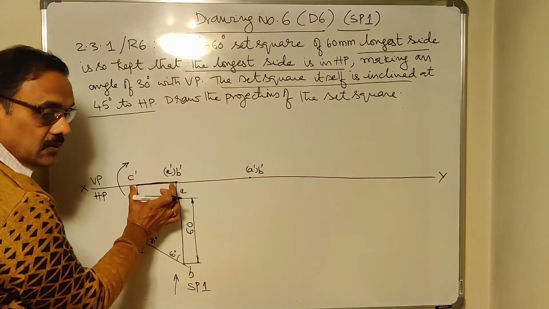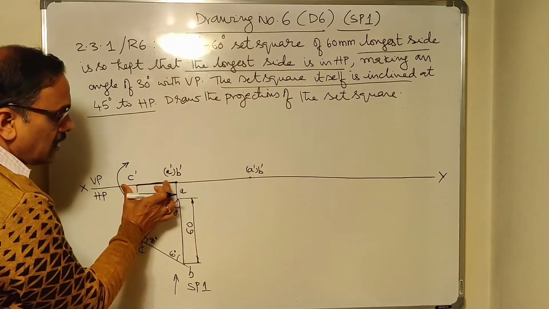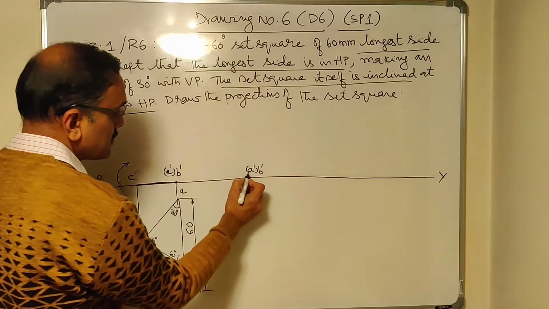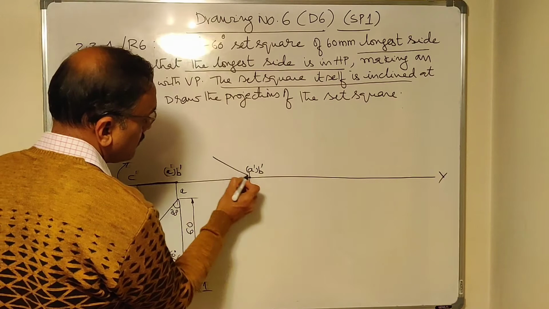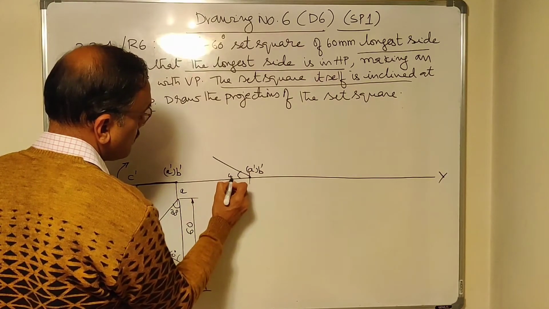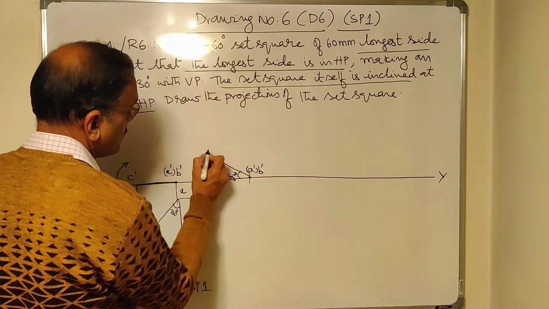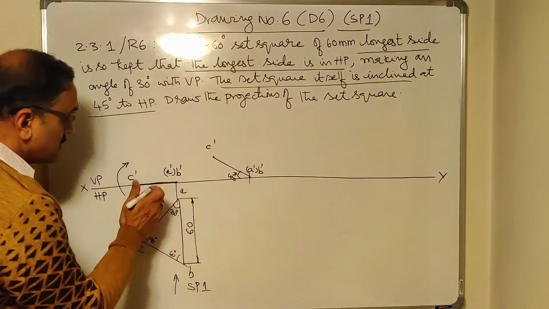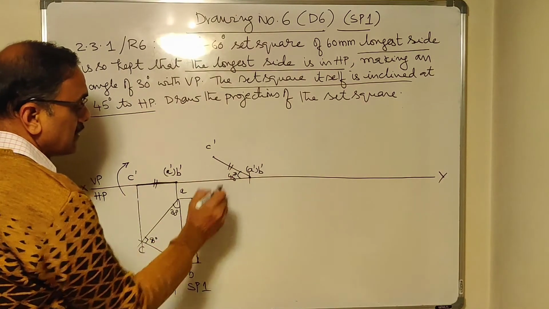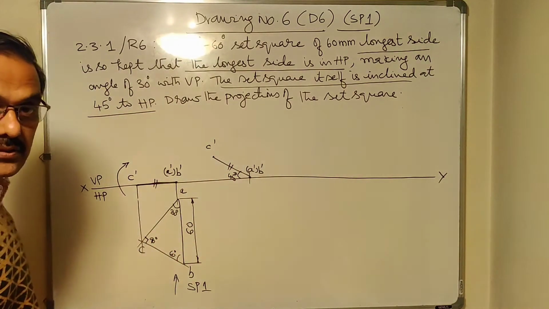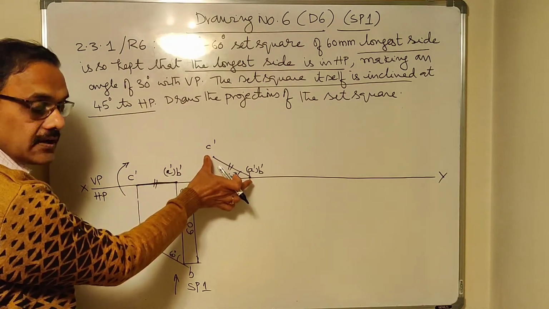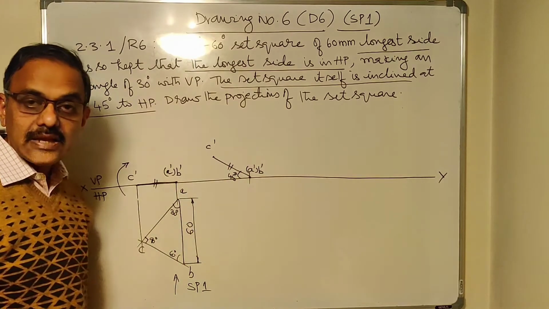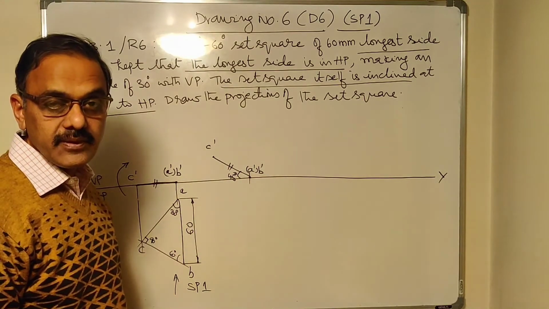You can take this length with a compass and draw that line inclined at 45 degrees. This is C dash. This length should be equal to this length. That is very important. No change in length. So the same line I have drawn inclined at 45 degrees, making sure that the edge AB is on HP.